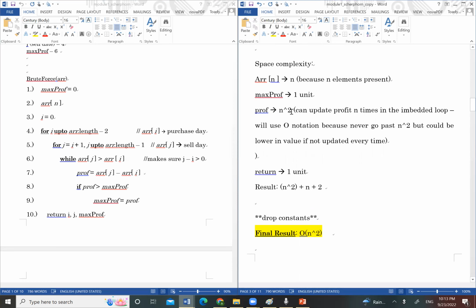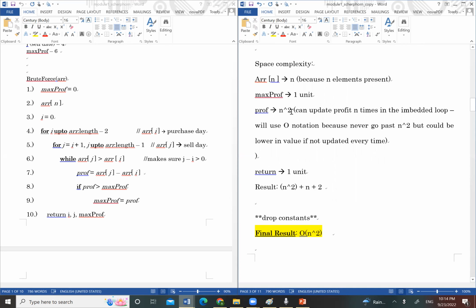But for simplicity, if it's inside an embedded loop, it has to be n times, and then the outer loop multiplies again by n, so it's n squared. The rest, like we did earlier, are just constants.